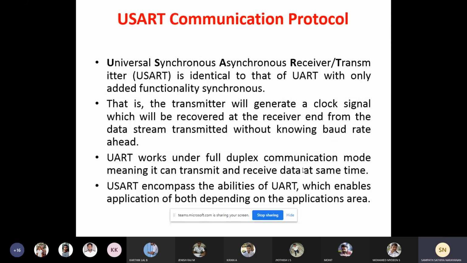Next one is very important, the USART communication protocol. It can support both synchronous as well as asynchronous mode of communication. Synchronous means with respect to the system clock.